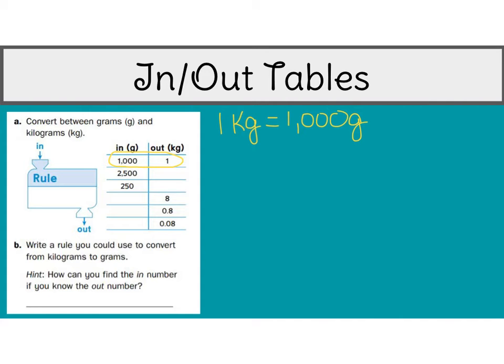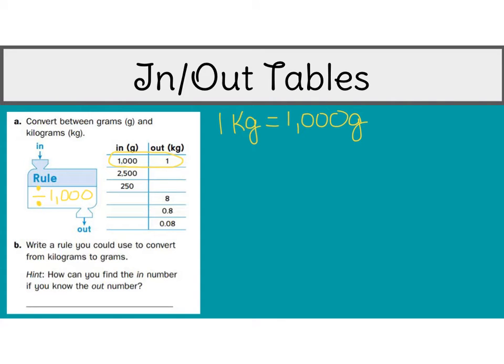So if I put 1,000 in and I only got 1 out, what would be my rule for that? If I put 1,000 in and I only got 1 out, what am I doing to that number? So let's take a look here.